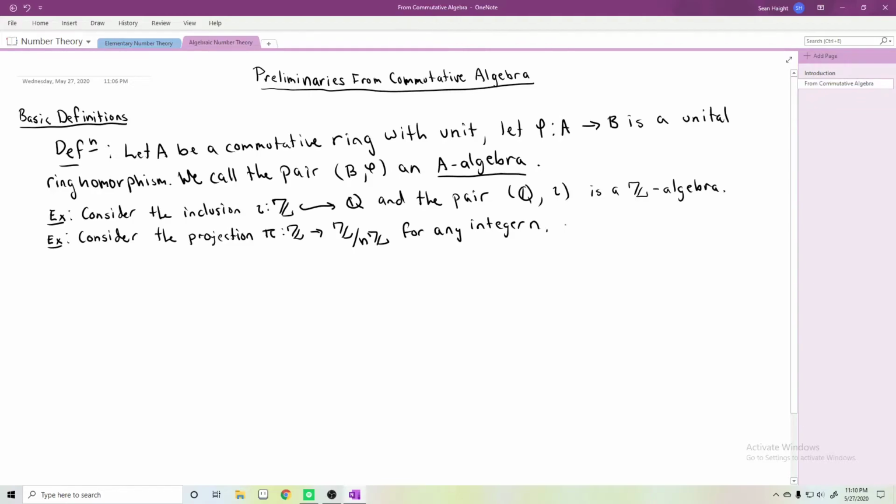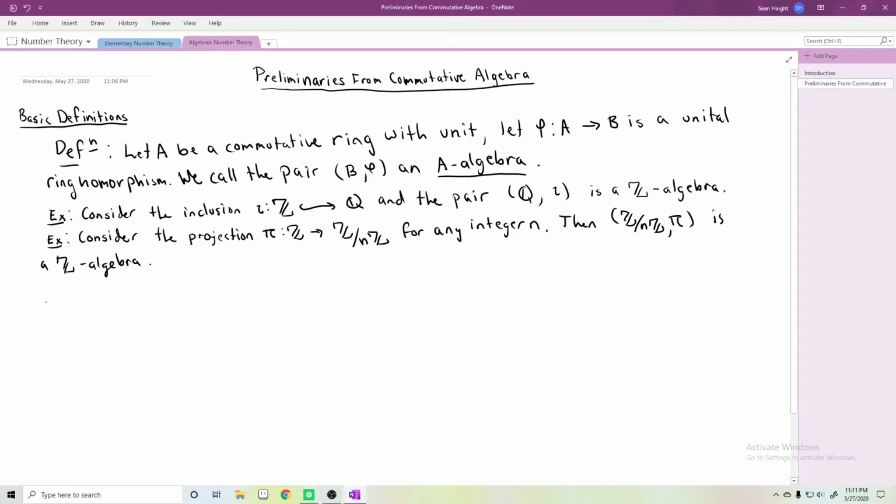Then Z mod nZ, pi is another Z-algebra. Okay. This ring homomorphism phi allows you to multiply elements of B by elements of A via their image under phi.